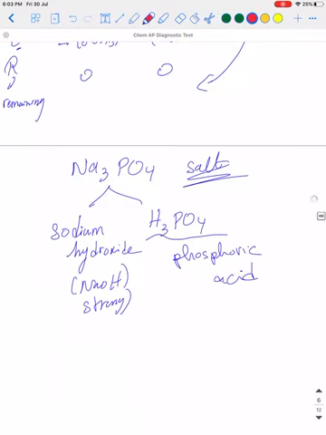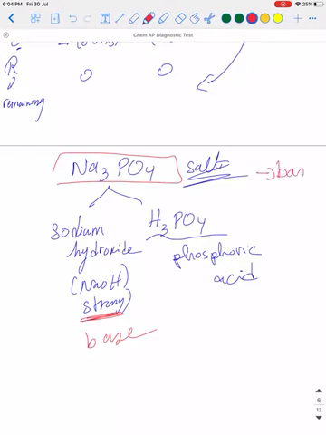Always, the nature of the salt follows the nature of the strong parent, if I can call the acid and the base parents. So the strong one's nature is base. So sodium phosphate is a base.